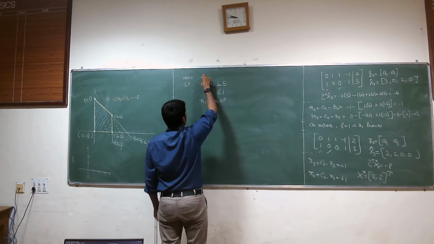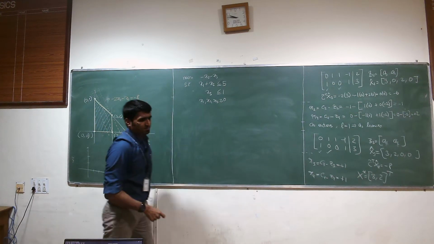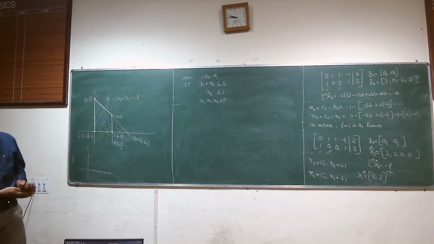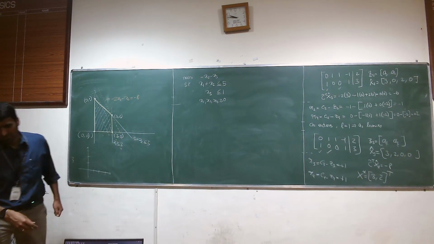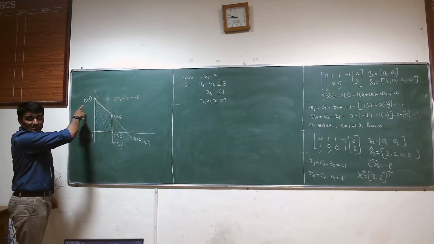Here. And this is minus 2 minus x3. I won't do the steps. You can tell me what the steps are, and then we'll. Shall I remove this?